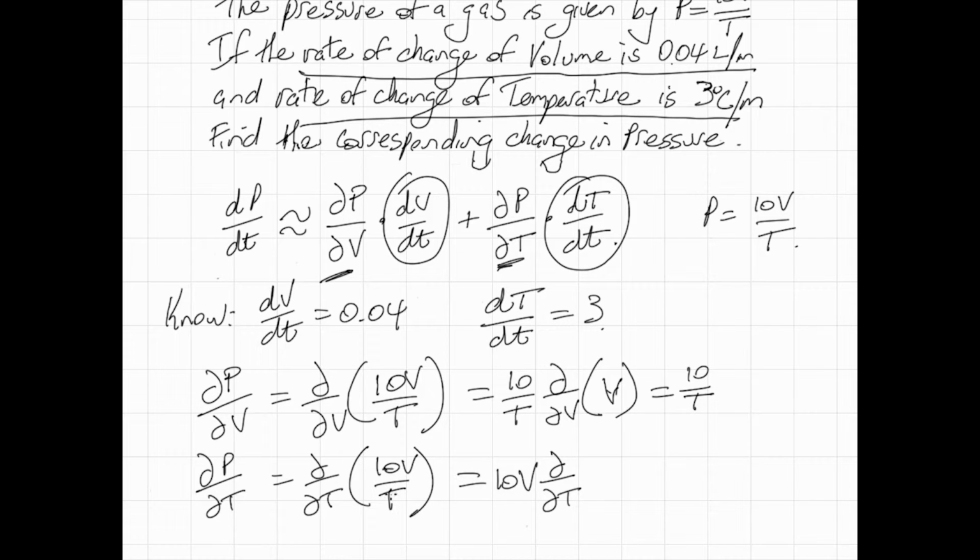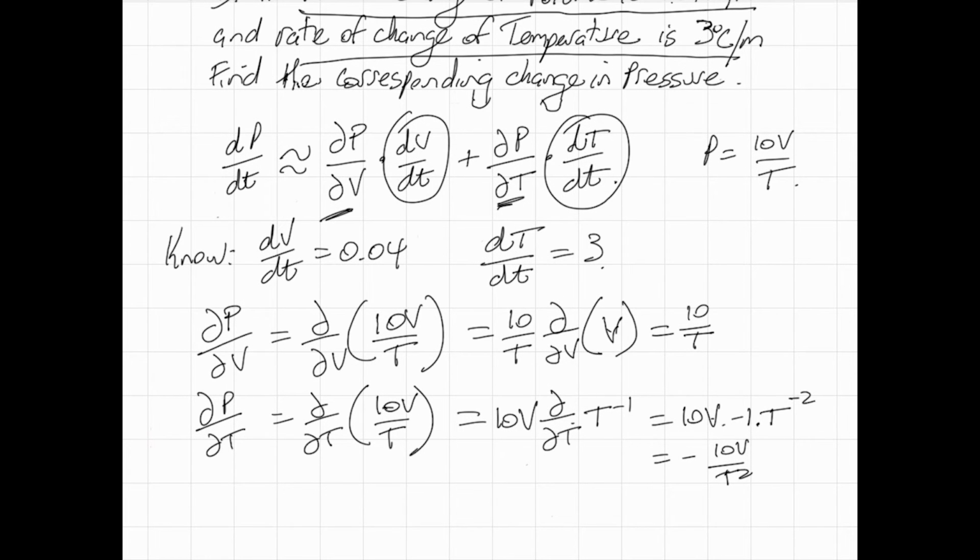Now instead of writing 1 over T, it's probably better to write T to the minus 1, because that makes it easy to apply the rule. 10V is a constant, and then the derivative of this: you multiply the coefficient, which is 1, by negative 1, so negative 1 times T, and then you take 1 off the power, giving minus 2. So that'll be negative 10V all over T squared. The T to the negative 2 can be downstairs with the positive 2, the negative comes out the front and the 10V goes to the top.